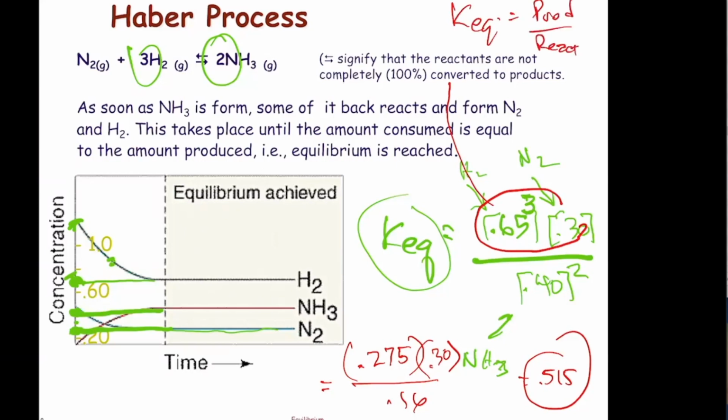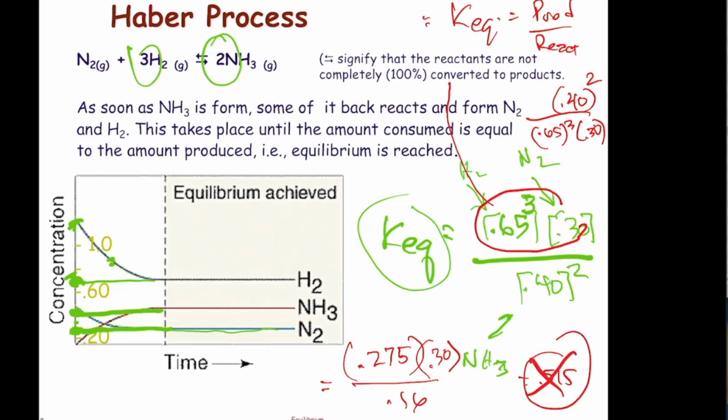This is actually 0.40 squared divided by 0.65 cubed times 0.30. So I'm just going to take my answer, 0.515, and take the inverse of that, and that would probably give me the correct value. Okay, so that would be 1.94.